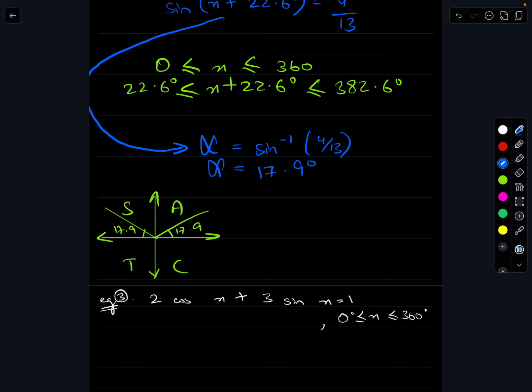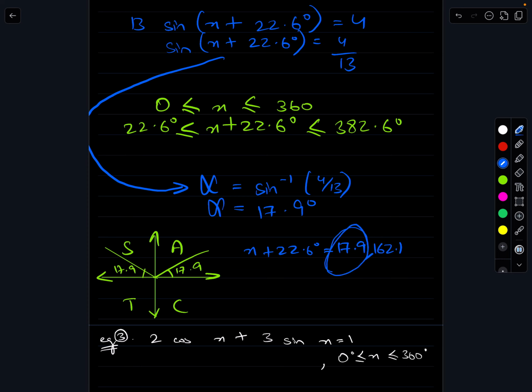All right. So we have x plus 22.6 degrees. Just a second. This part is going to be very important. I'm saying this for the first time, but this part is very important. Because, see, 17.9 is not in the range, it is less than 22.6.